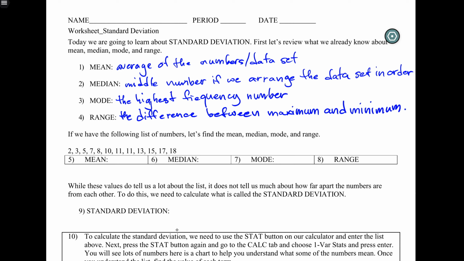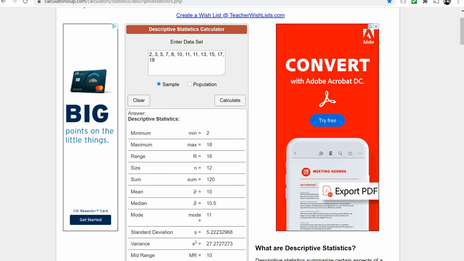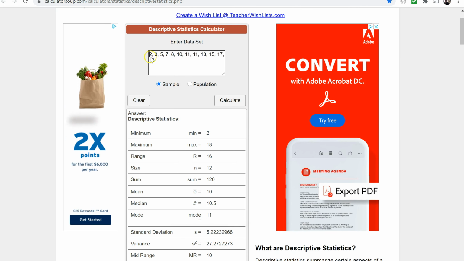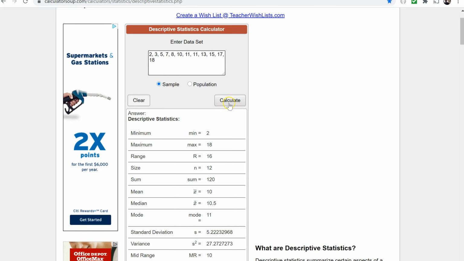So we're given a set of data points here, and we are asked to find the mean, median, mode, and range. For those of you who have a calculator, you can just encode this in your calculator and do the one variable stat. For those who don't have a calculator, we can copy and paste that data set into one of our online calculators and hit calculate.